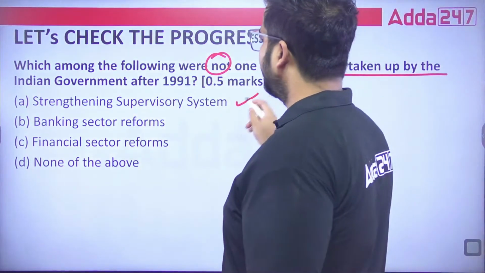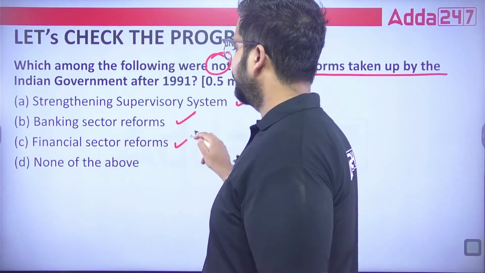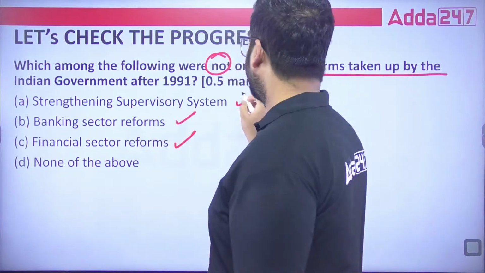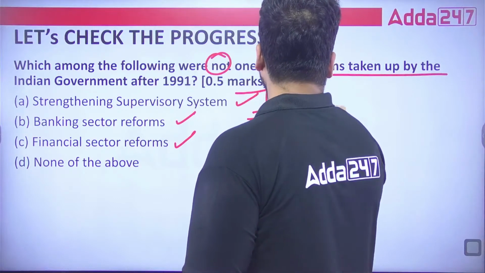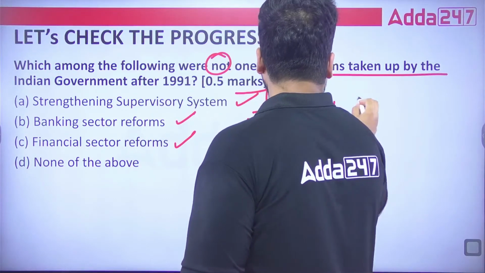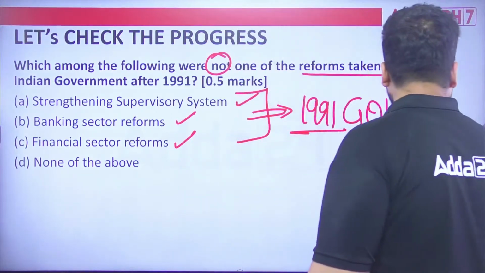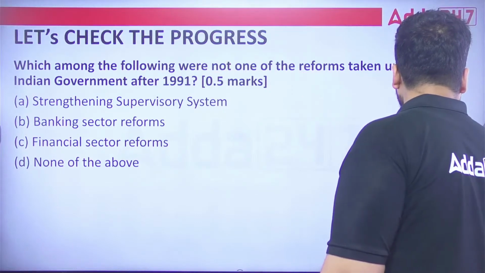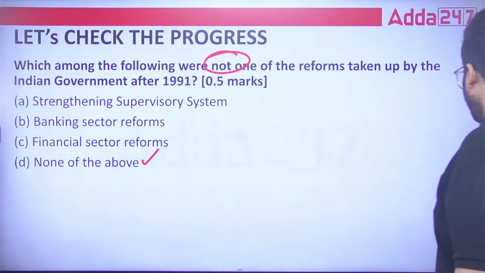Whether it is strengthening supervisory system, banking sector reforms, financial sector reforms, or none of the above. So all these 3 were there. They were the part of the 1991 reforms by government of India. So correct answer will be what? It will be option number D. Okay, option D will be the right answer. None of the above, because here not one of the reforms.